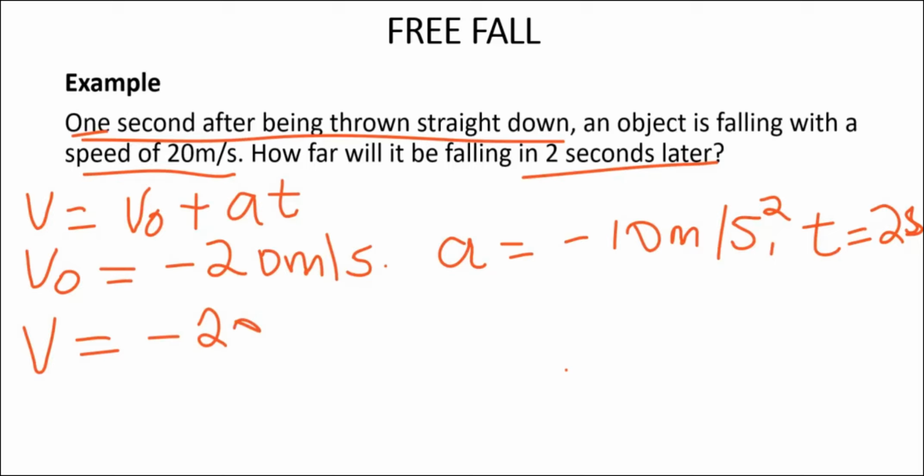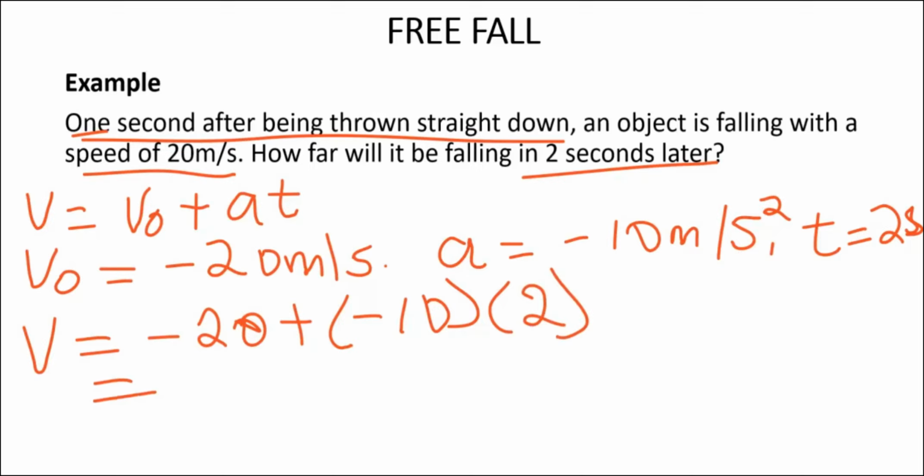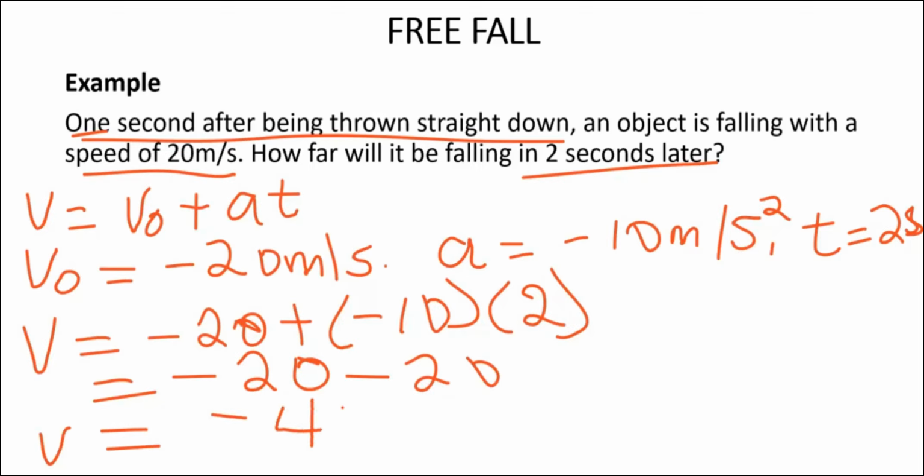Now for us to find the v, it would be -20 plus -10 times 2, which will be -20 minus 20, which equals v, -40 meters per second.